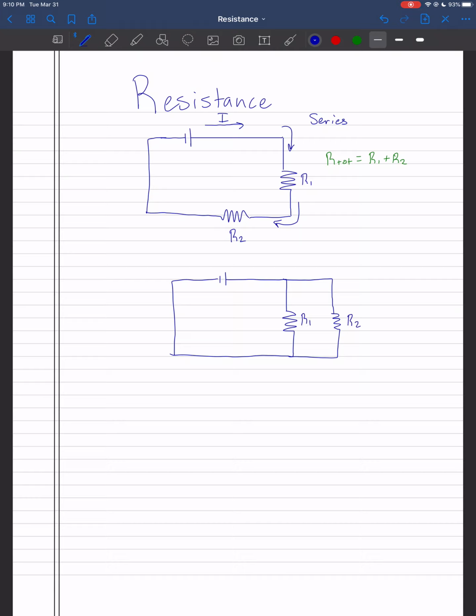Now, again, my current is flowing throughout this thing. But what I want you to realize is that I'm going to call this I1. According to Kirchhoff's junction rule, there's going to be a split here and a split here, okay?